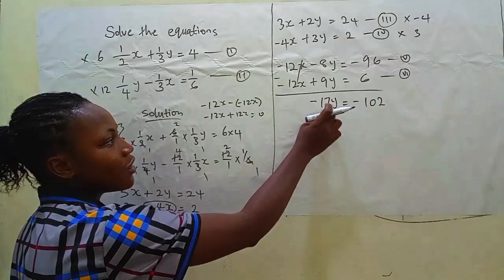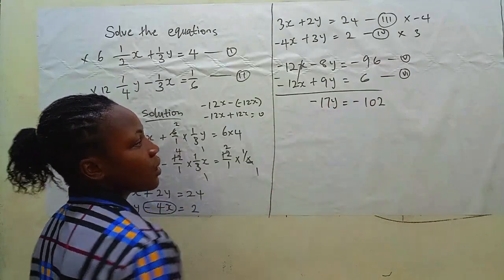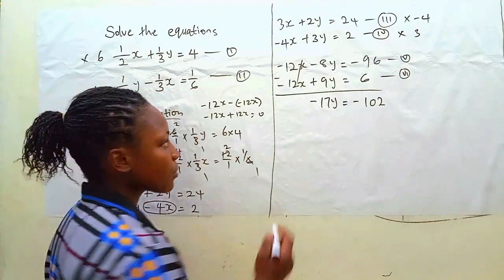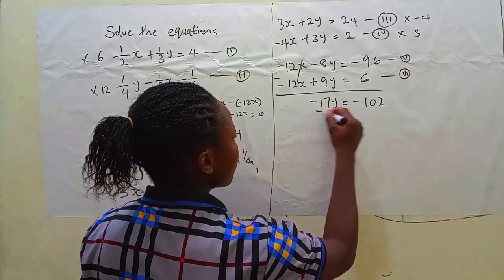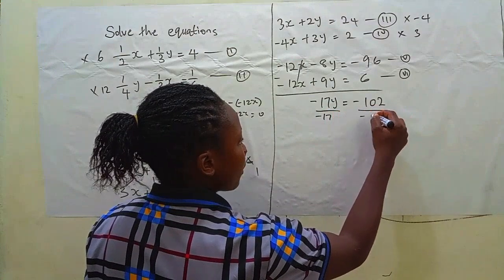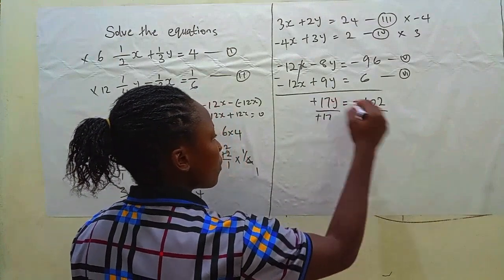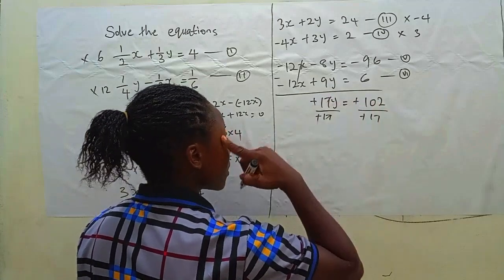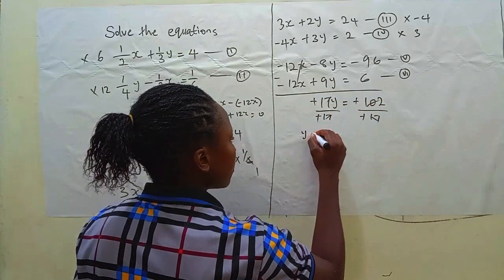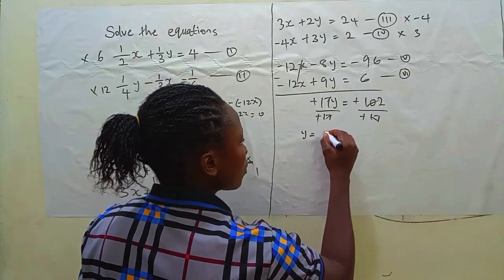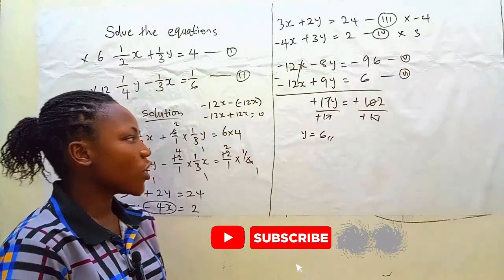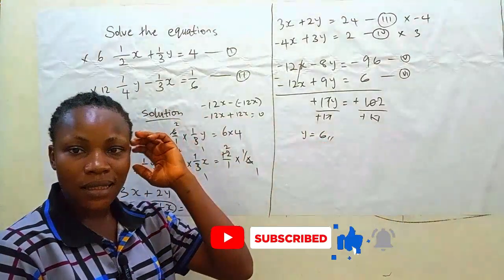So we divide both sides by minus 17. The negative sign cancels this one, and dividing, we have y equals 6. We've gotten our y as 6.